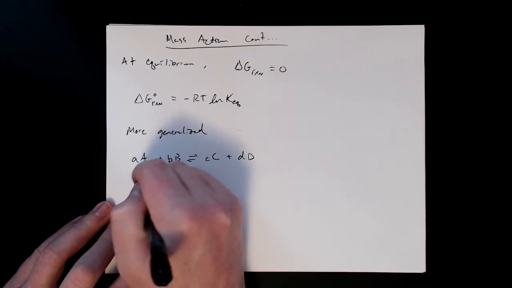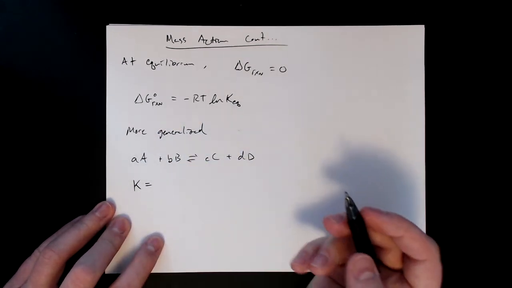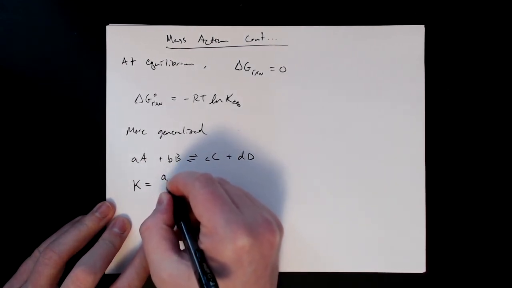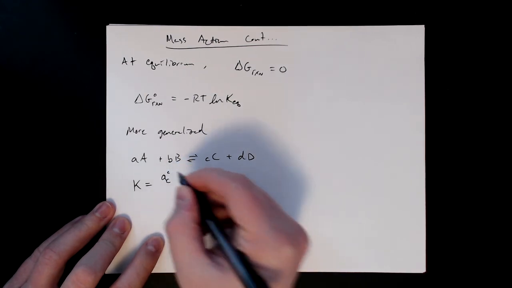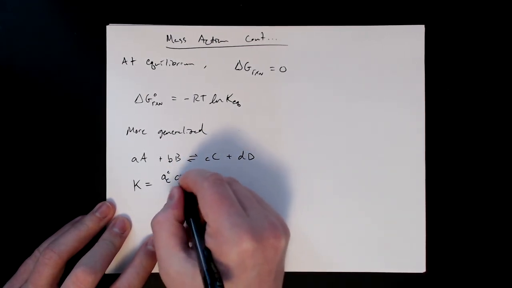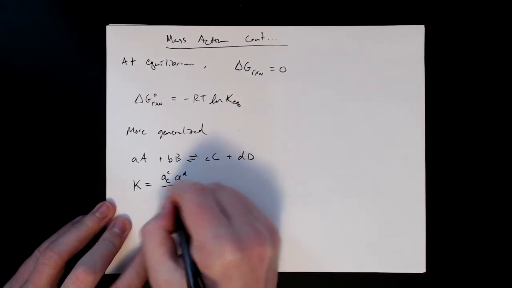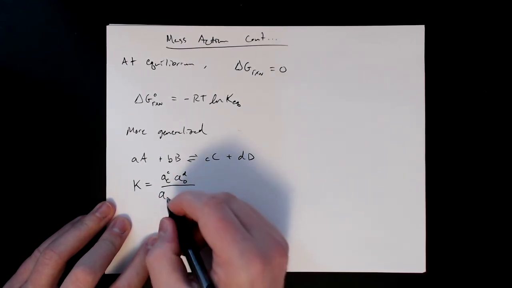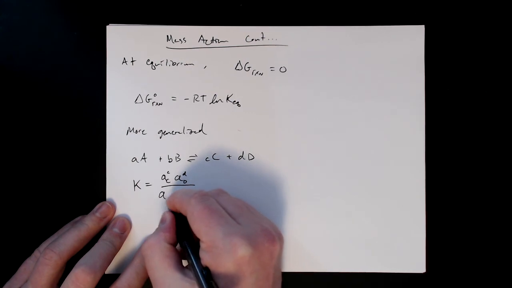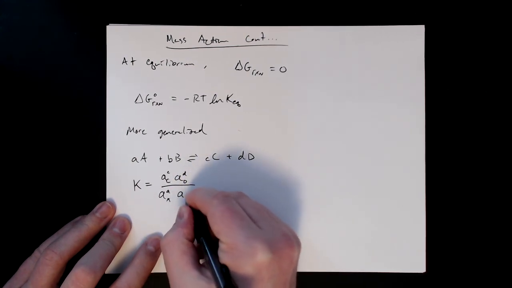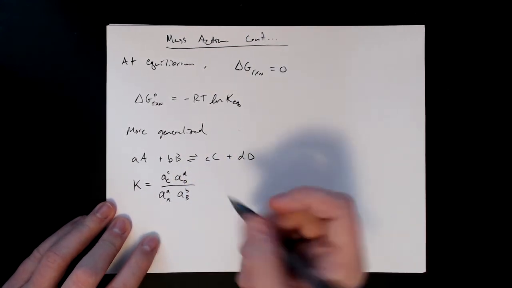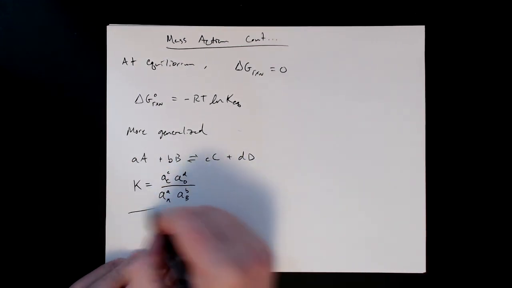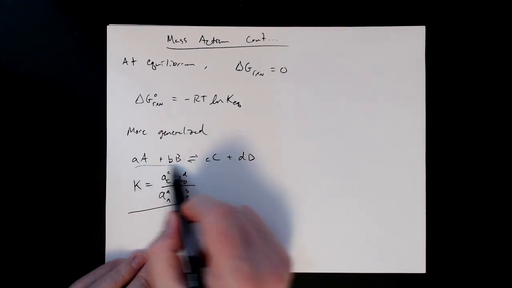So in that case, the mass action expression can be generalized to the activity of C raised to its power c, multiplied by the activity of D raised to the power of d, and then over the same thing, the product of the reactants. So activity of A to the a, activity of B to the b. So this is the more generic version of the mass action expression for this reaction here.